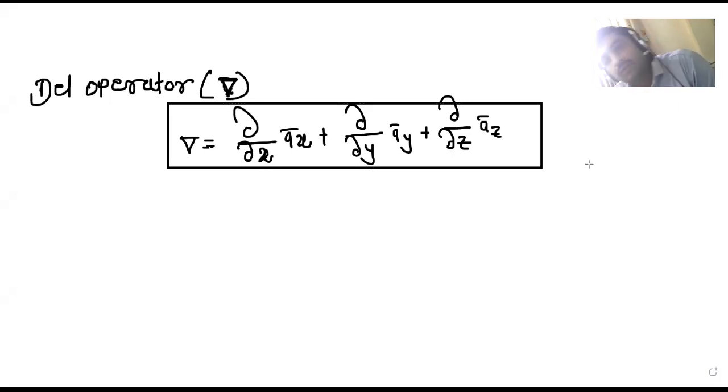Right. So if you observe this del operator, what can you say about it? See, this I have written for the Cartesian coordinate system. So we are specifically talking about the Cartesian coordinate system, or you can say rectangular coordinate system, which is the more proper word.